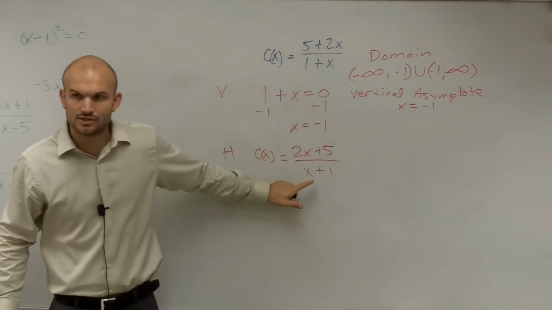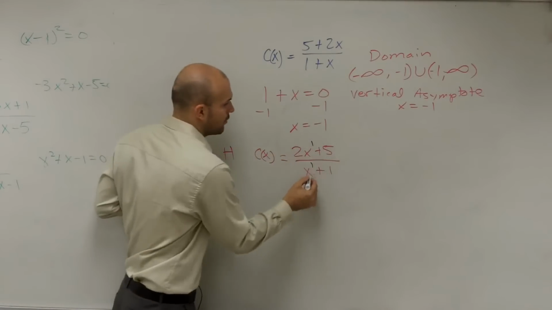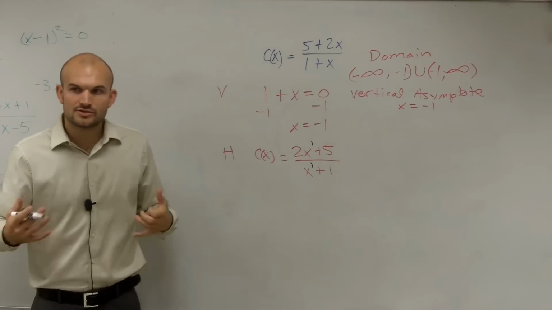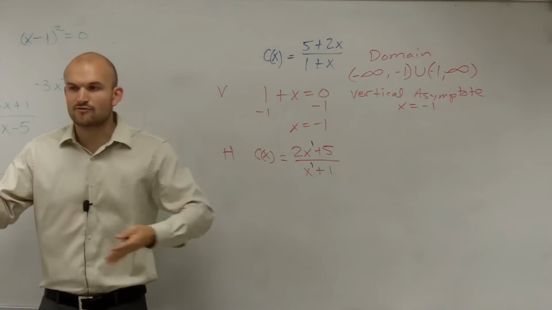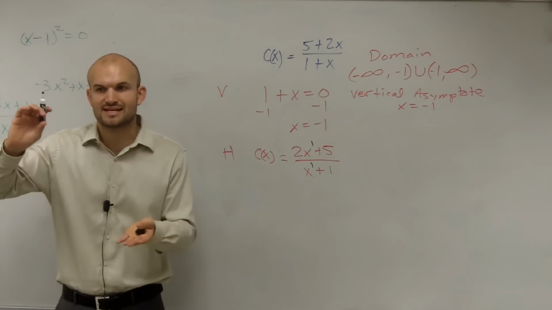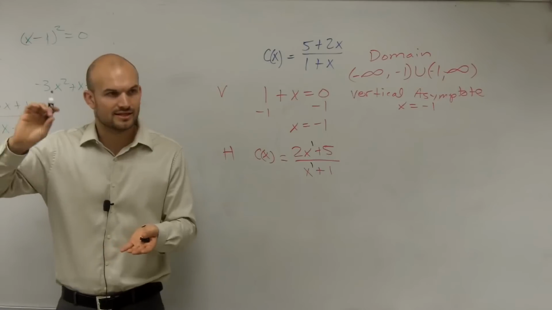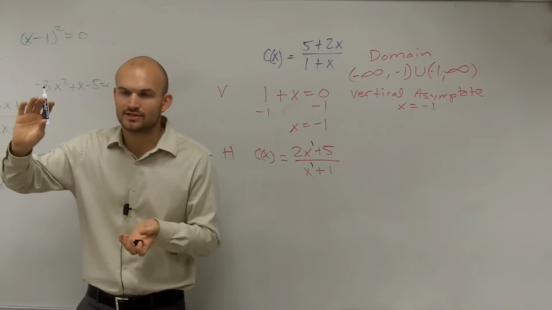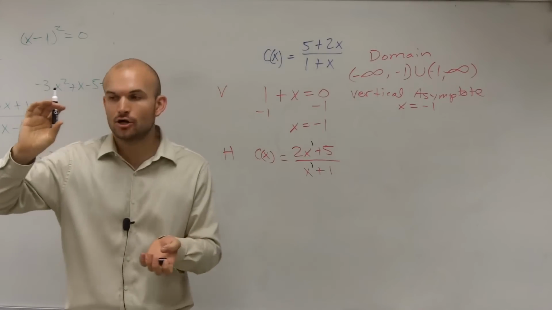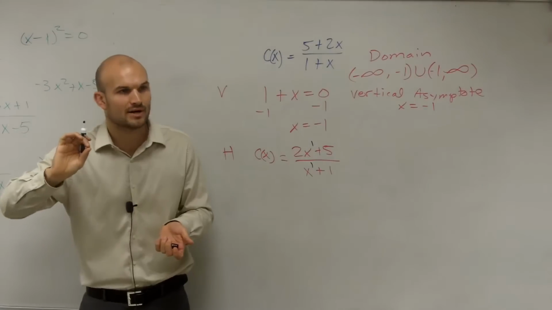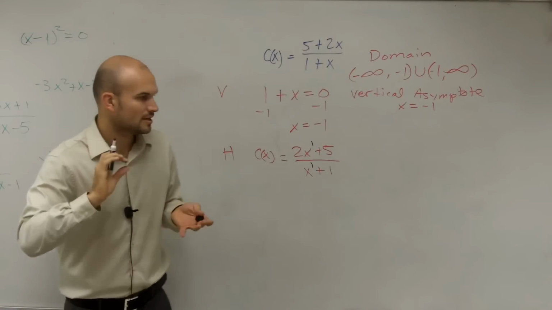So now I look at my two exponents. My two exponents are 1 and 1, right? If you remember our formal definition, we had the exponents as n and m. In the notes, we represented the degree for the top polynomial as n, and the degree for the bottom polynomial as m.